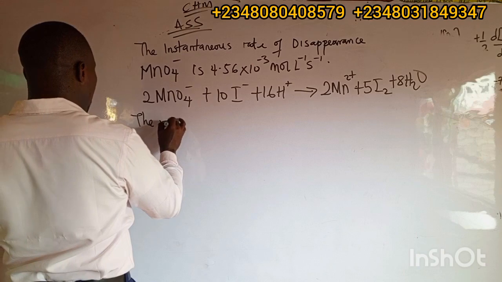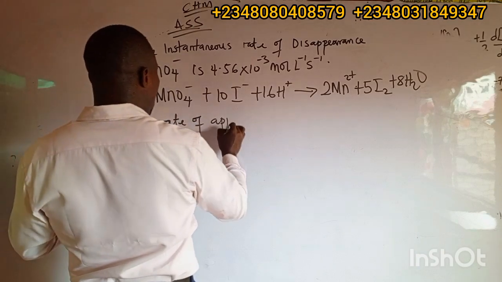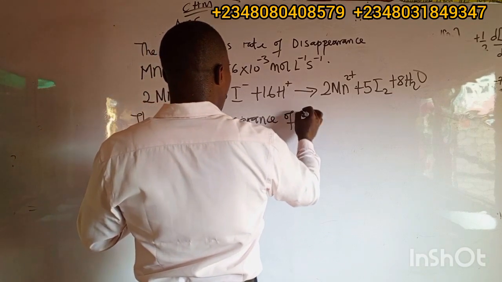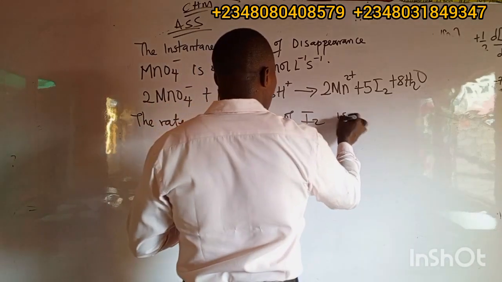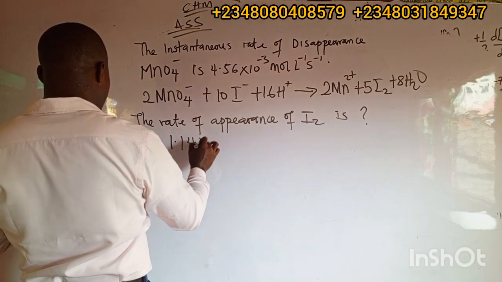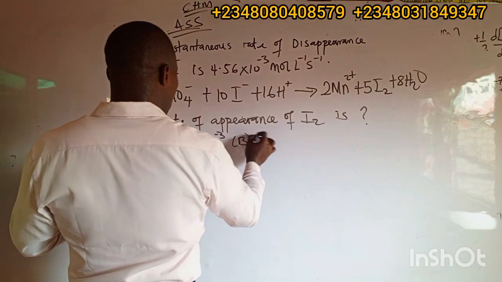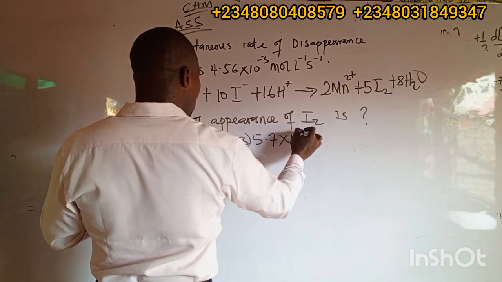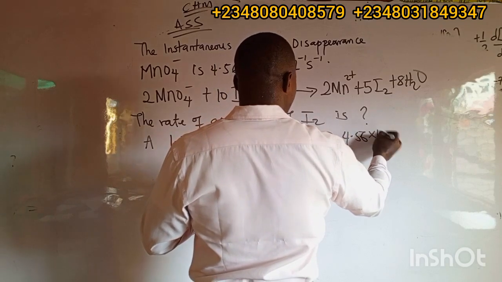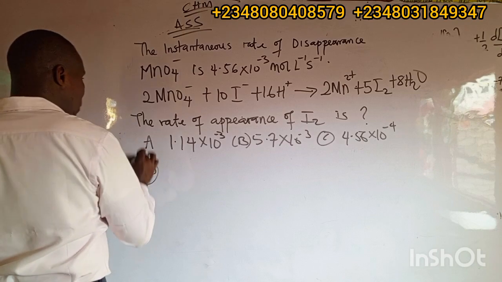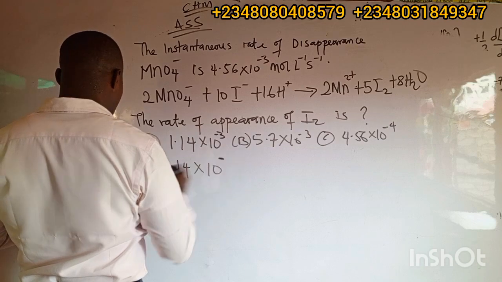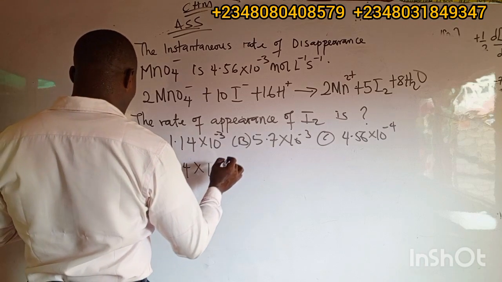The rate of appearance of iodine vapor is: option A, 1.14 times 10 raised to the power minus 3. Option B, 5.7 times 10 raised to the power minus 3. Option C, 4.56 times 10 raised to the power minus 4. Option D, 1.14 times 10 raised to the power minus 2.